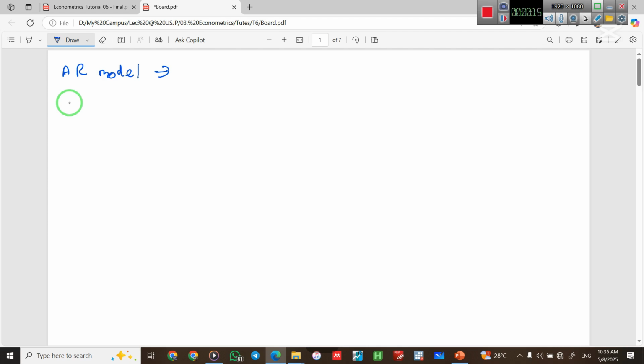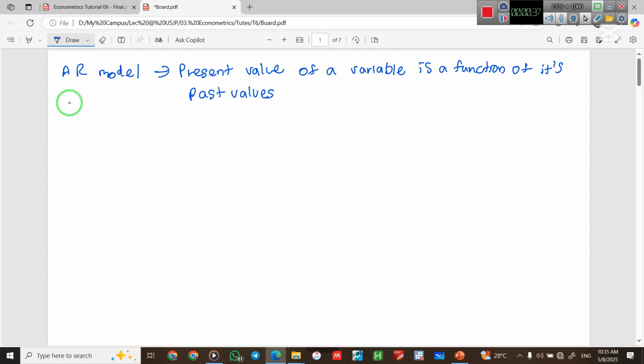Simply, the AR model says that the present value of a variable is a function of its past values, right? And what is meant by the MA model?